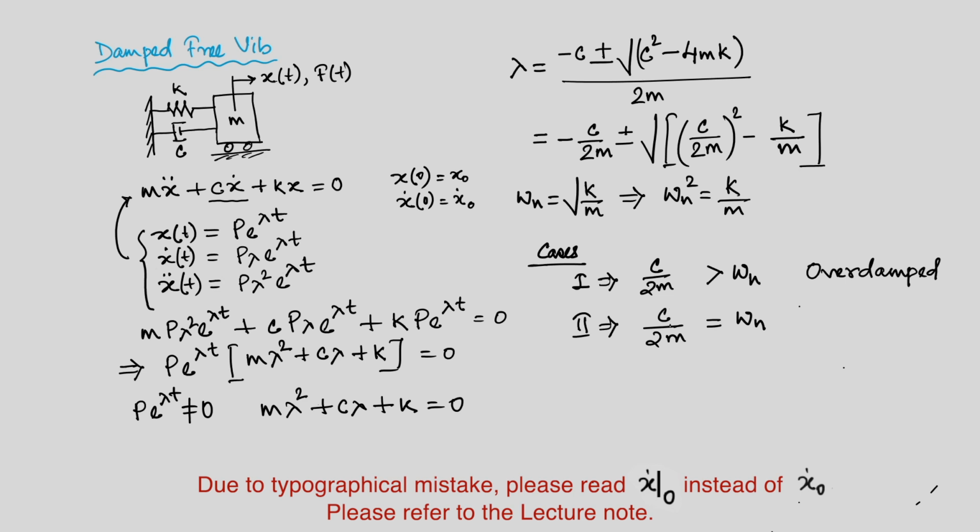But if we have a condition where c by twice m is equal to omega n, we call this situation critical damping, or critically damped. And the third situation is where we have c by twice m less than omega n, and this situation is called under damped.